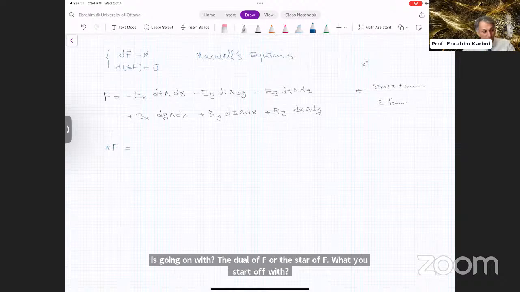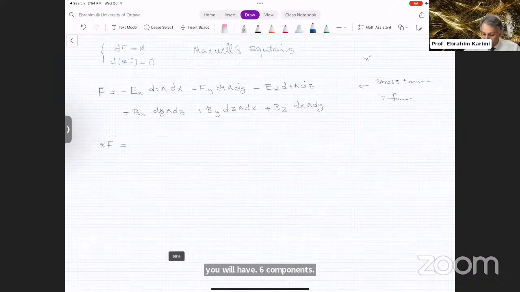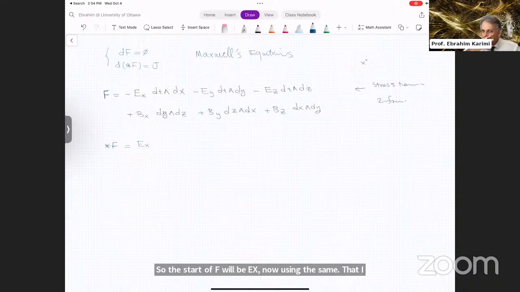Again, it will be a two form, and you will expect that you will have 6 components. So the star of F will be Ex. Now, using the same way that I introduced to you how to calculate the Hodge operator, essentially you will get minus Ex dy wedge dz. So this is the first one.